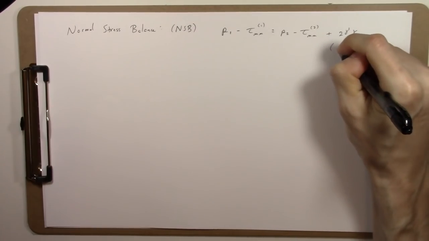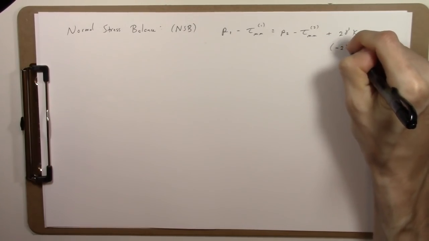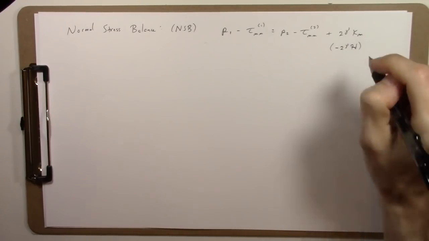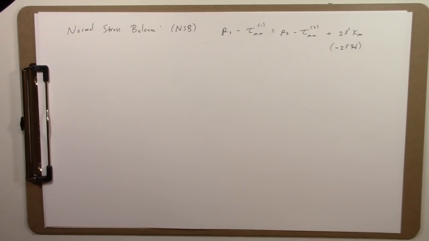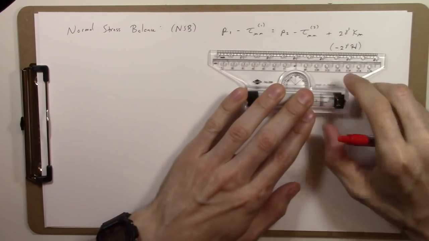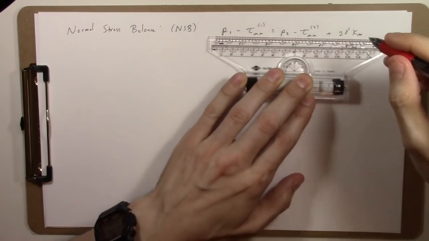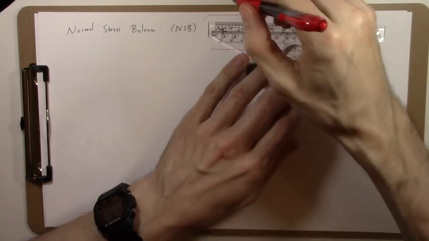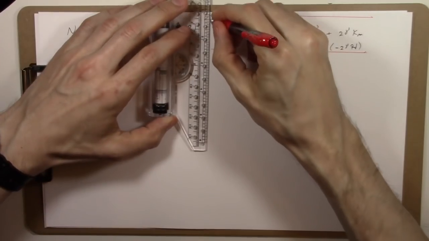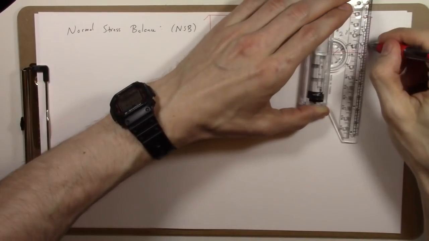Or if you want to use this in terms of h, it's minus 2 gamma times the script h. So this gives us the normal stress balance at a fluid-fluid interface.